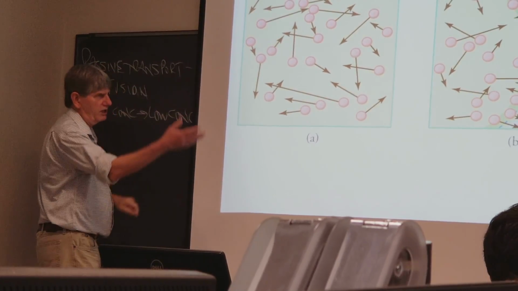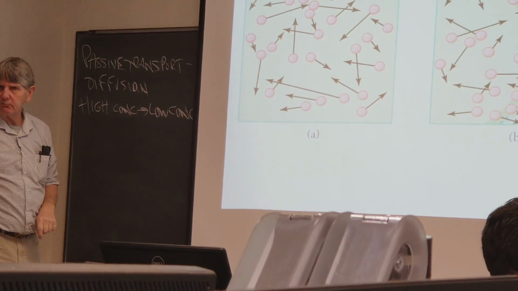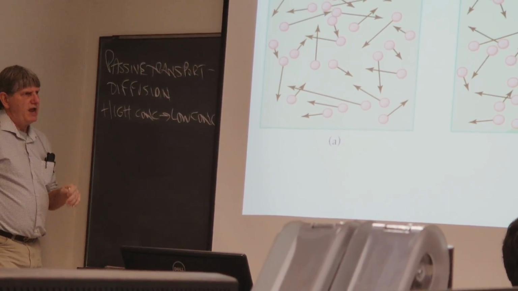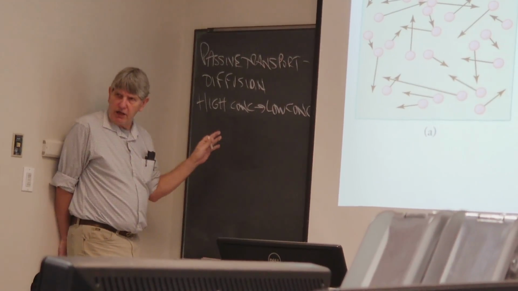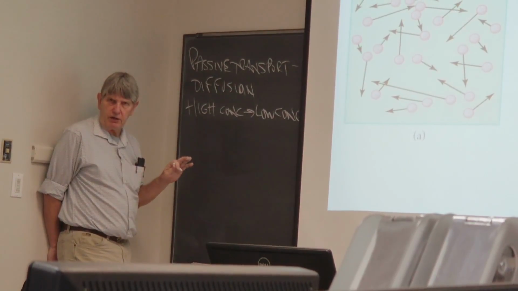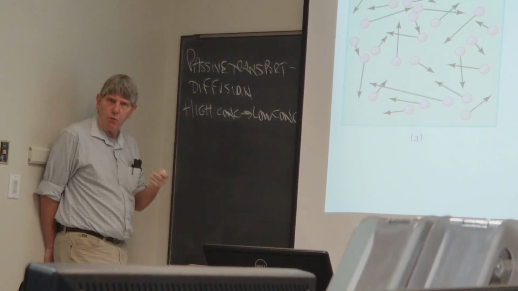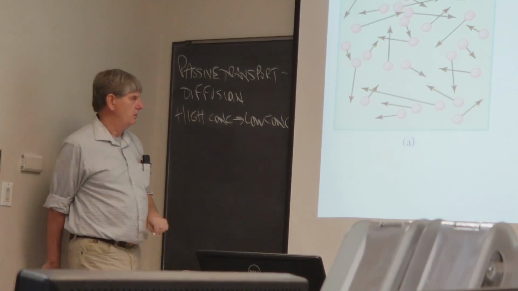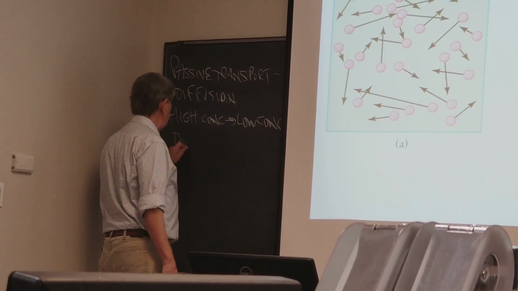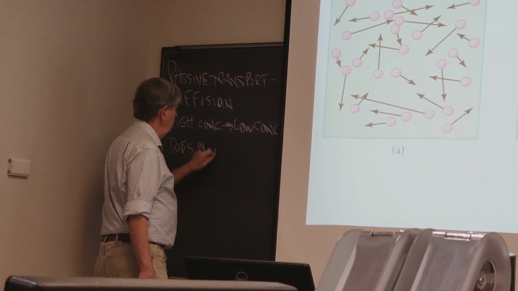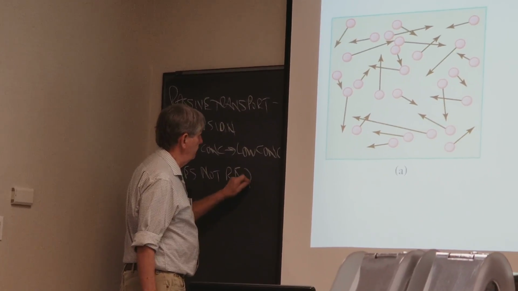So just like we're talking about over there with sodium and with potassium. Now, the movement from high concentration to low concentration does not require cell energy. It does not require ATP for this to happen.